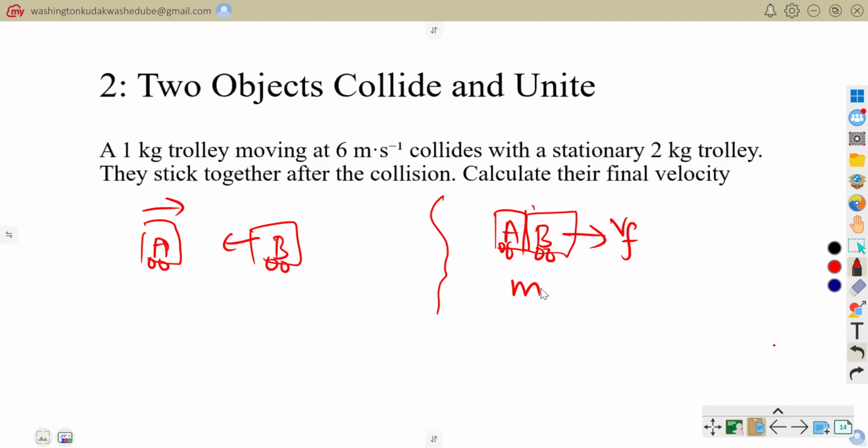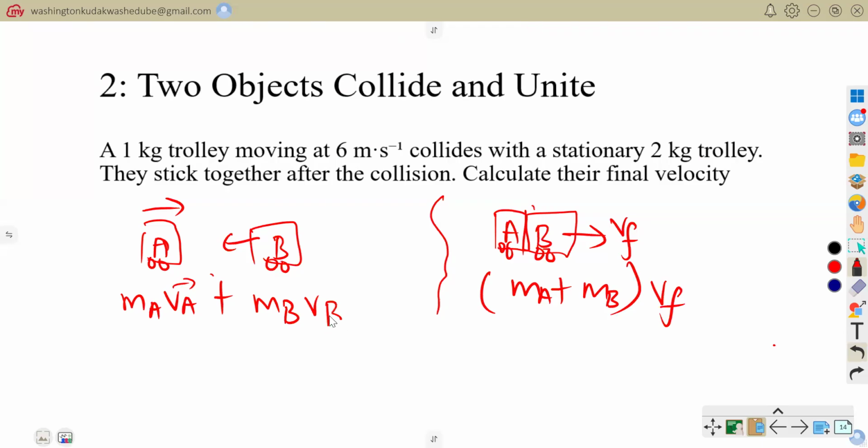So here the mass of A, we will sum it with the mass of B, but the velocity will be the same. On this side, I will have the mass of A times velocity of A plus the mass of B times velocity of B initial. So this would be initial, and this would be after, or else final.